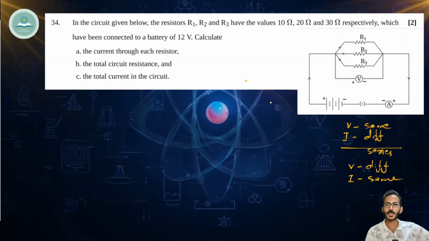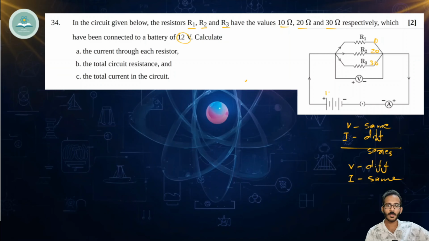Now let's go to the question and read it. In the circuit given below, resistors R1, R2 and R3 have the values 10 ohm, 20 ohm and 30 ohm respectively. So this is 10 ohm, this is 20 ohm and this is 30 ohm, which have been connected to a battery of 12 volt.